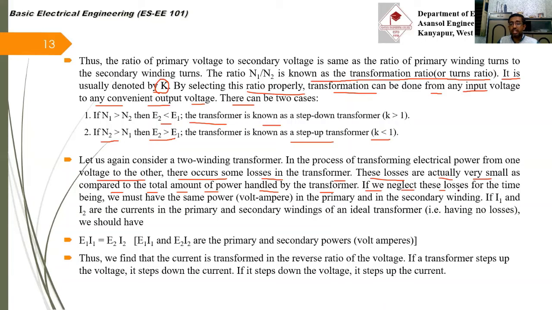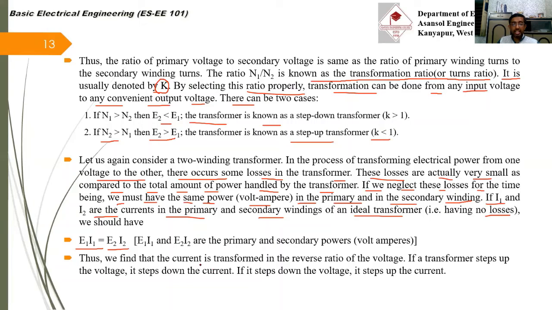If we neglect these losses for the time being, we must have the same power or volt ampere in the primary, also in the secondary. And this is the concept of an ideal transformer. If I1 and I2 are the currents in the primary and secondary windings of the ideal transformer having no loss, then we can say E1 I1 equals E2 I2.